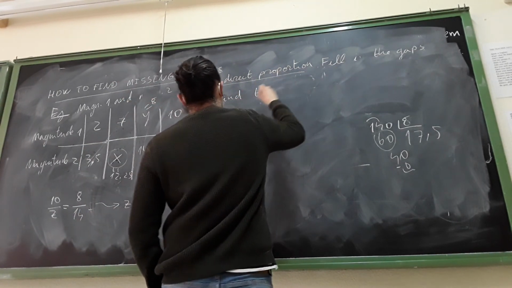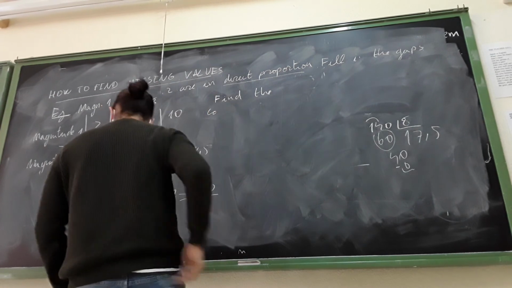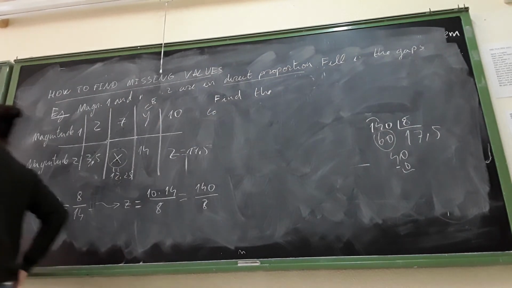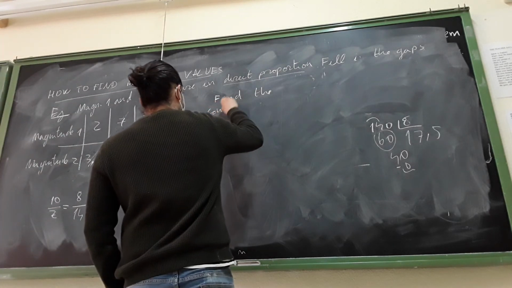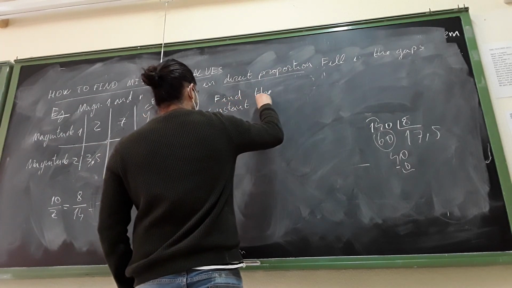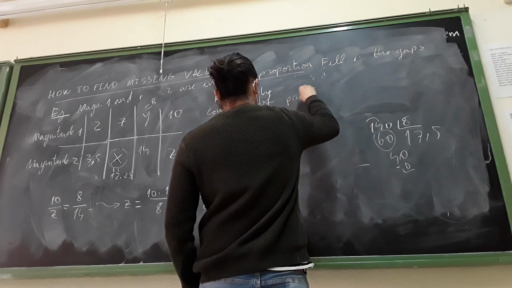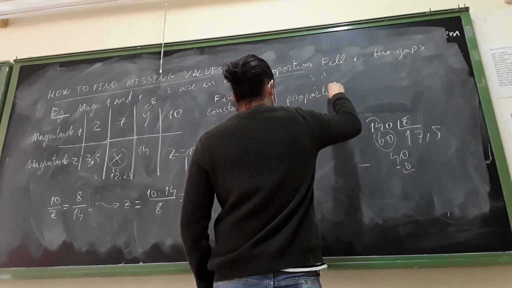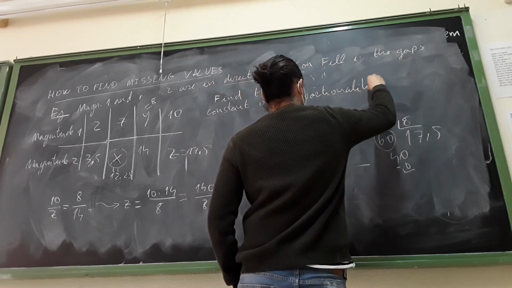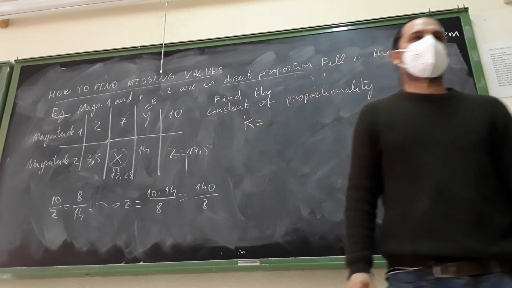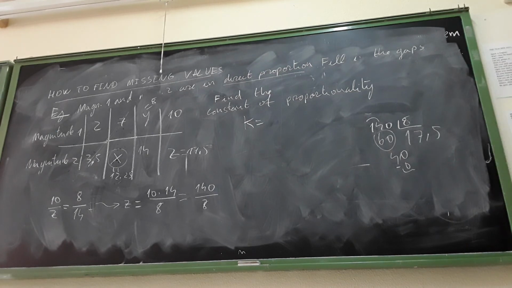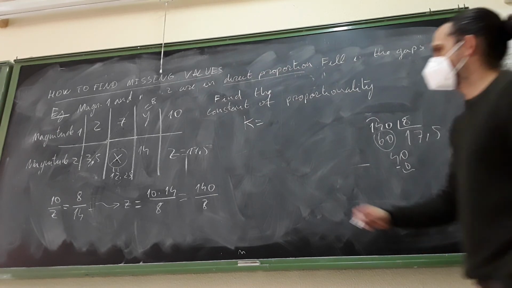Find the constant of proportionality. K. How can we find the value of K? K, the constant of proportionality.